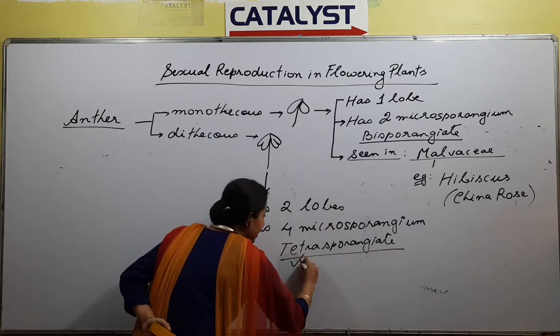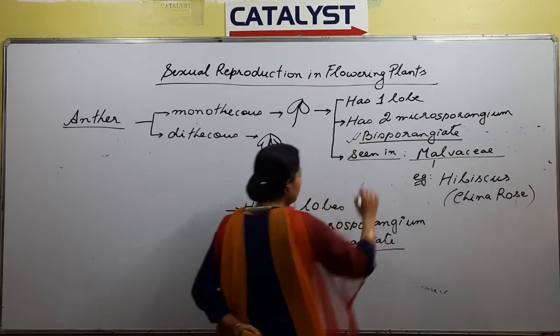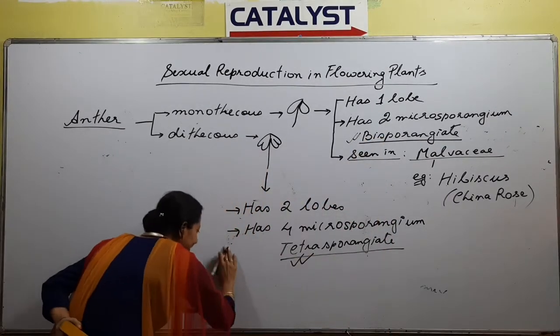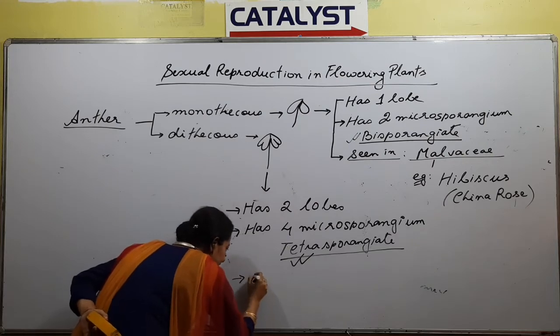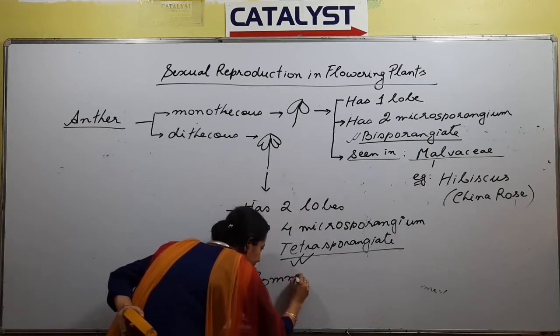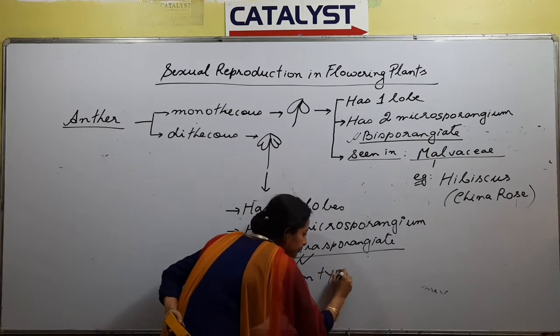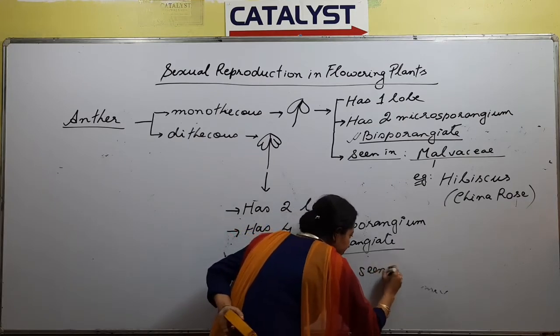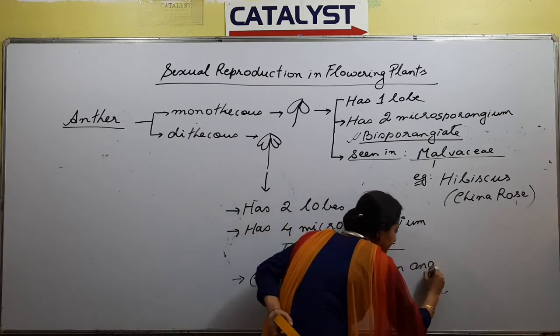Earlier, what did we have? Bisporangiate. Now what have we got? Tetrasporangiate. And another important point is, it is the most common type seen in angiosperms.